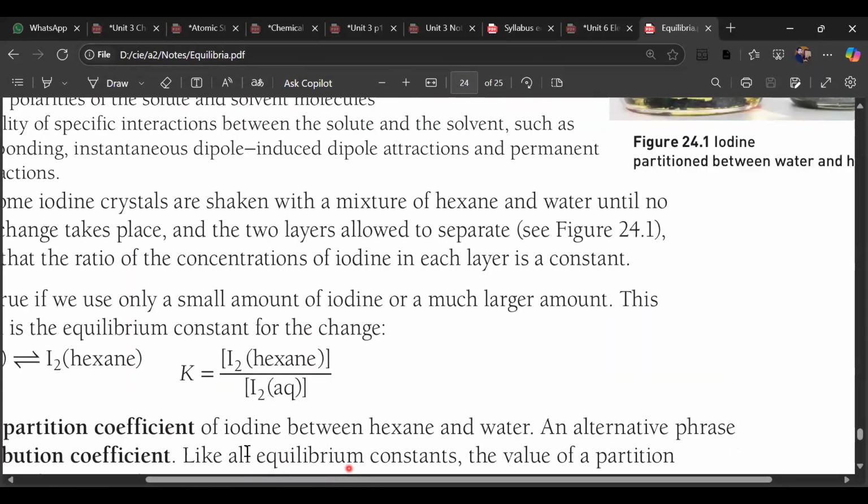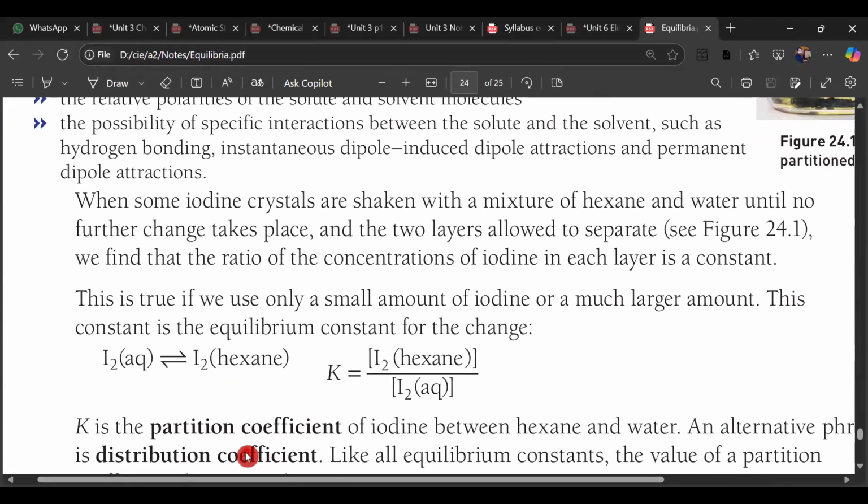So water is always in the denominator like this, and the organic phase will always be in the numerator.